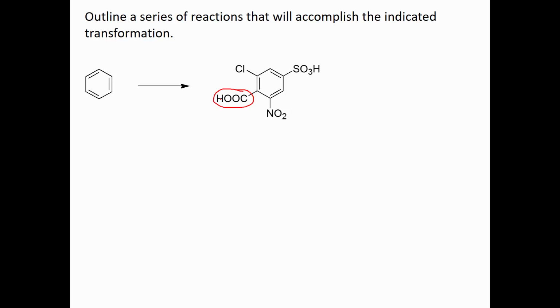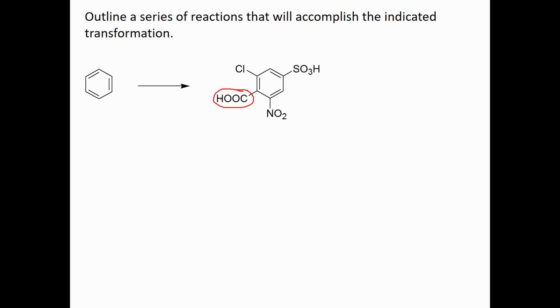going to be the key to this synthesis here, is using the precursor to that group as the controlling group for all the other groups that are on this benzene ring. So what you notice here is that all these groups are ortho para to the COOH.